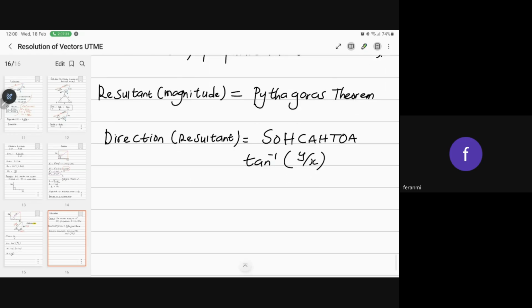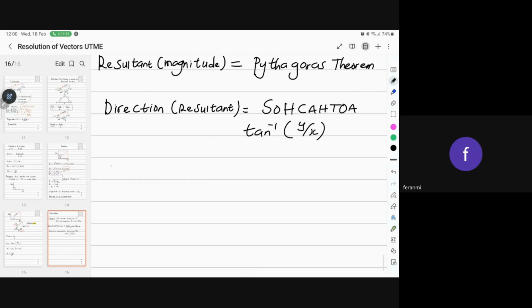Now, for case 4, two vectors inclined at an angle.